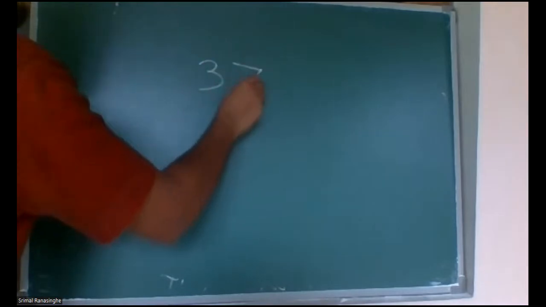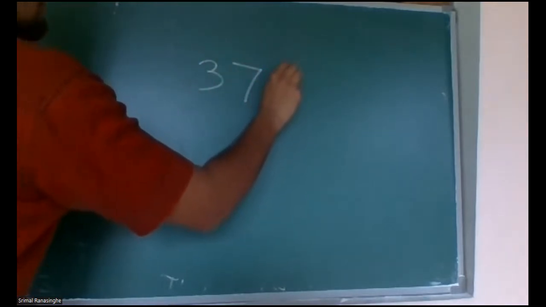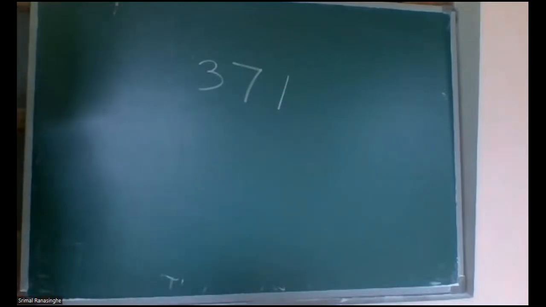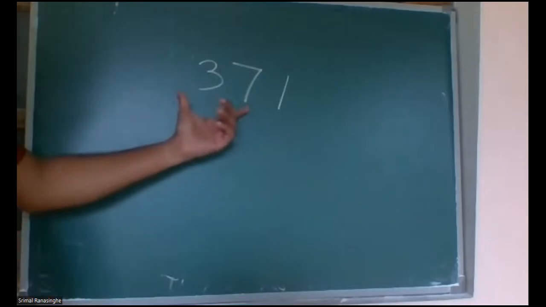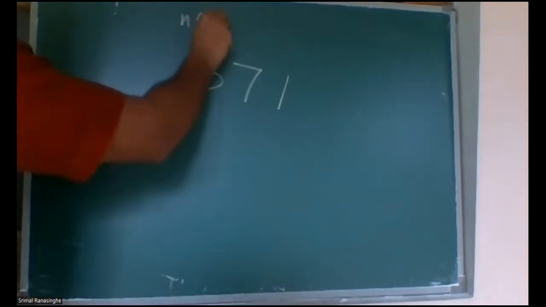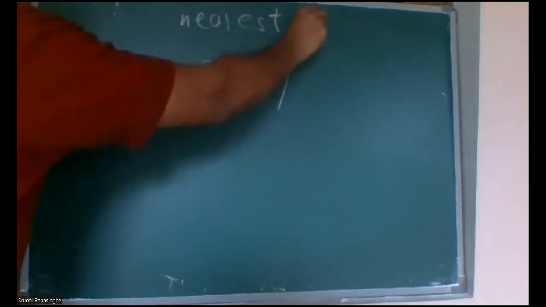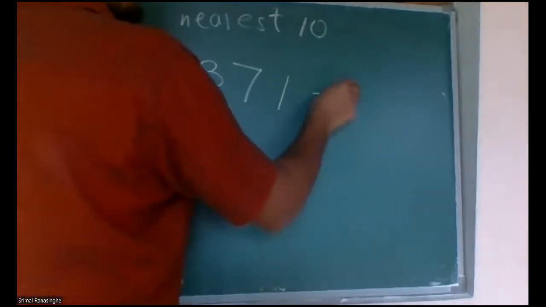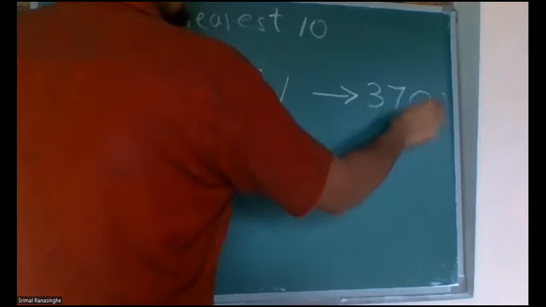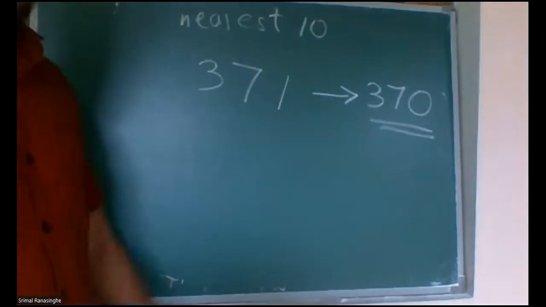Okay, finished? Can you tell me the nearest number of this one, rounding off to the nearest 10? 370. Right? 370 is the answer.